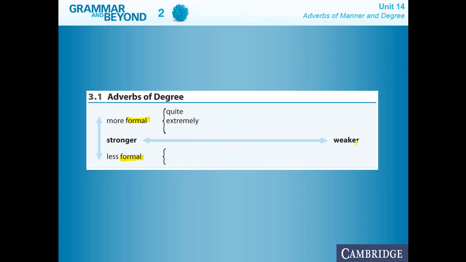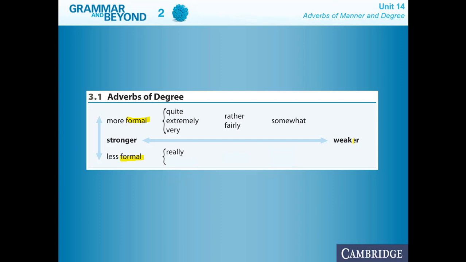Extremely. Really strong and really formal as well. Very. Then we have rather, fairly. The exam was fairly difficult. This means that you have a 50-50 possibility, right, to pass the exam. Fairly. Somewhat, right? Somewhat difficult. This makes the other adjective or adverb weaker.